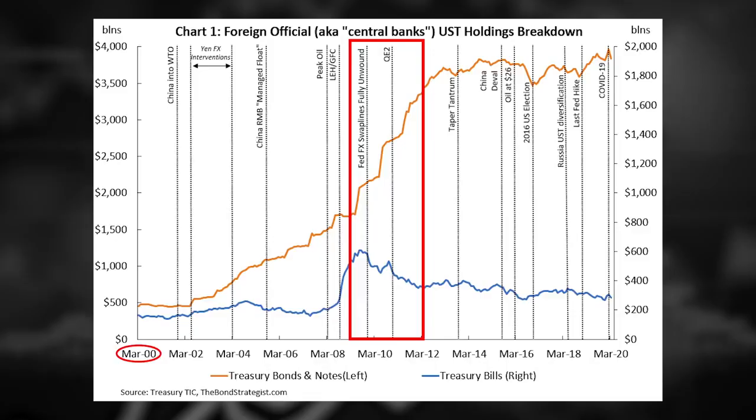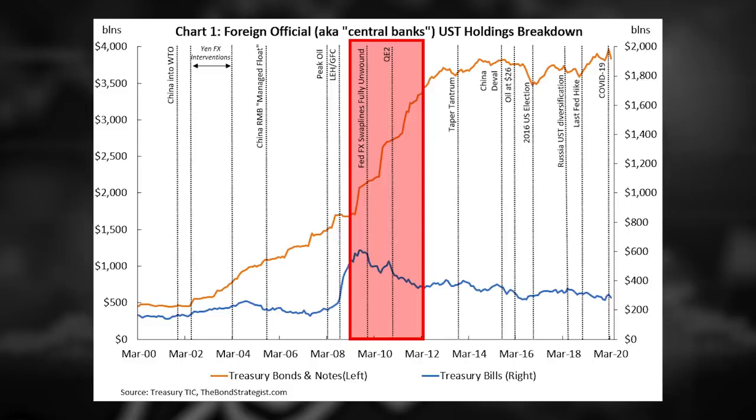It looks like we start with March of 2000 and go to March of 2020. On the left, we go from 0 up to 4 trillion. On the right, we go from 0 to 2 trillion. And then you're highlighting this point between 09 and March of 2012.